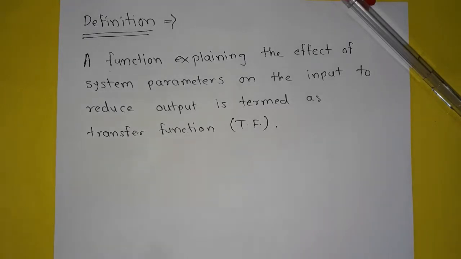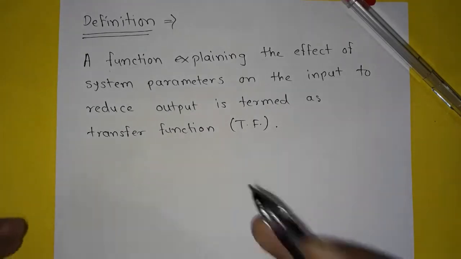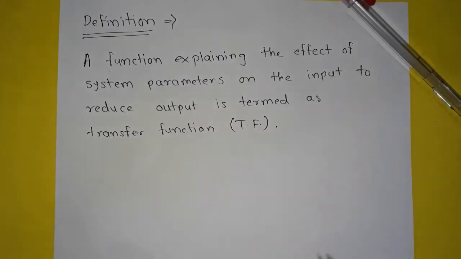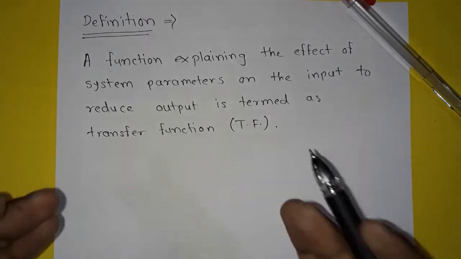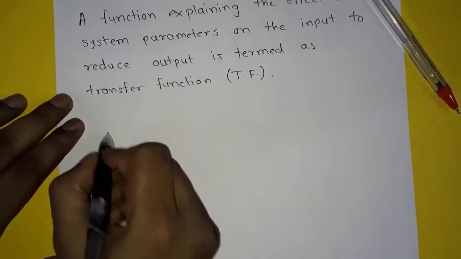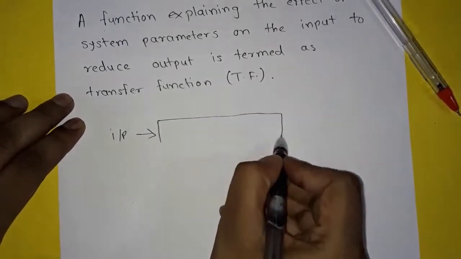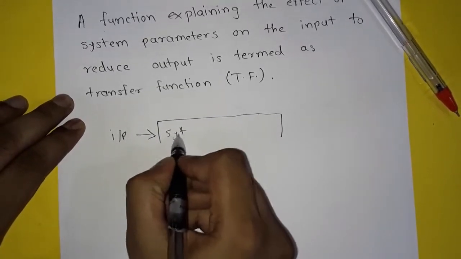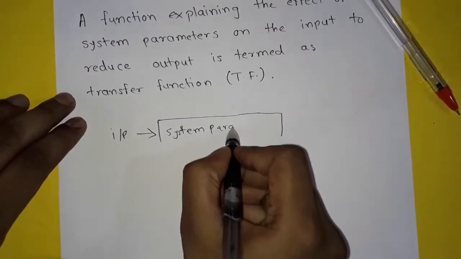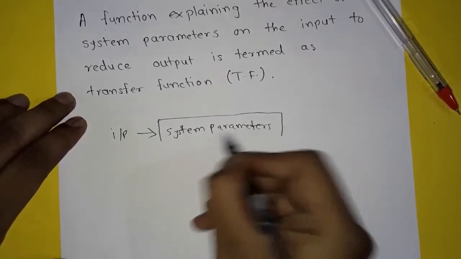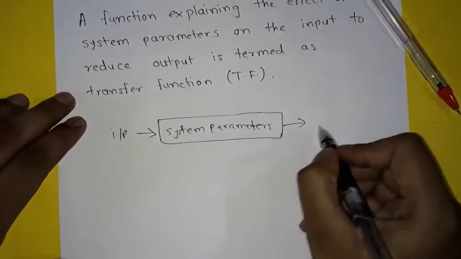Let's see the definition of transfer function. In any system, first the system parameters are designed and their values are selected as per the requirement. Input is selected to see the performance of the system design, that is output. Here input and system parameter give output.